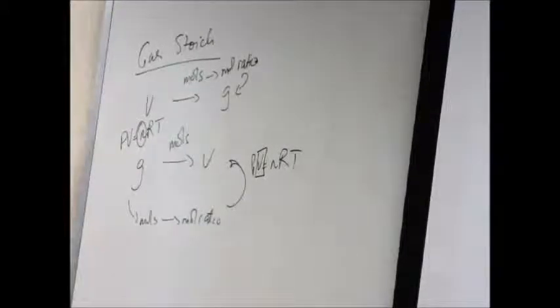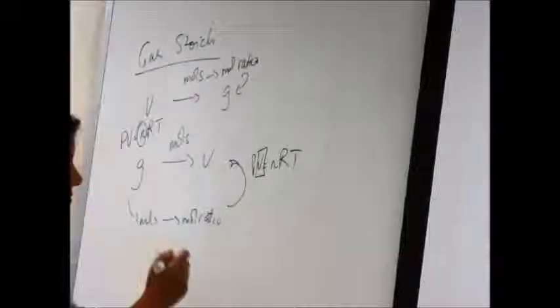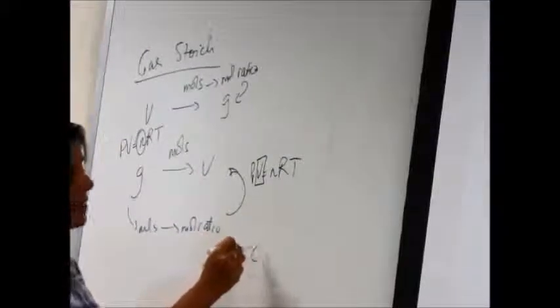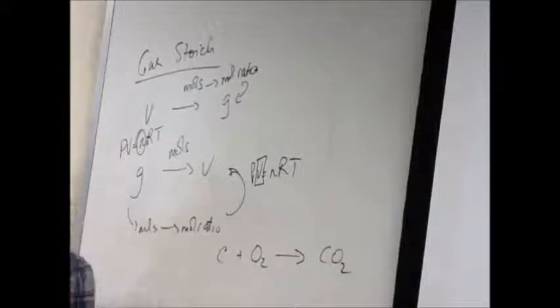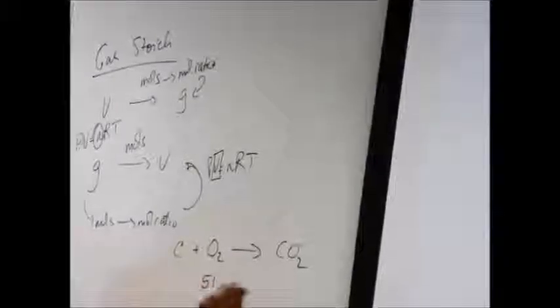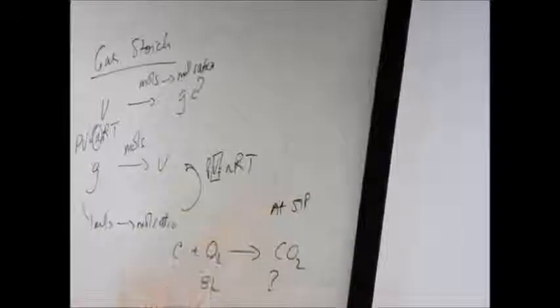The shortcuts you can use regarding the STP conditions apply when, say, you have carbon plus oxygen to give you carbon dioxide. Let's say we have this equation, and you have 5 liters of this, and you're asked for the volume of this at STP.